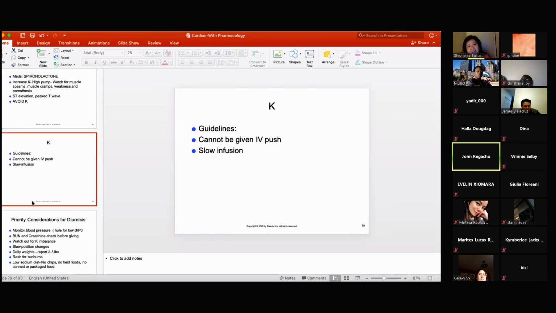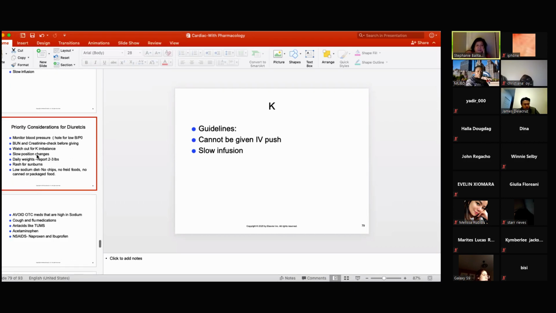So you have to remember that. They're giving it directly IV push in that case. But here, you cannot give potassium IV push. You have to give it through the IV as a very slow infusion, not IV push directly.